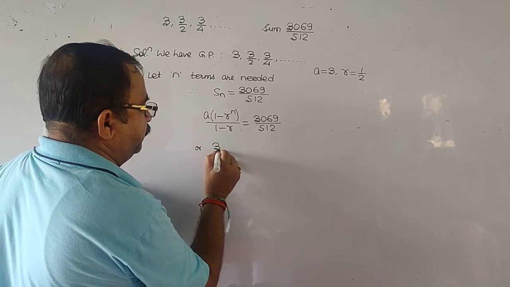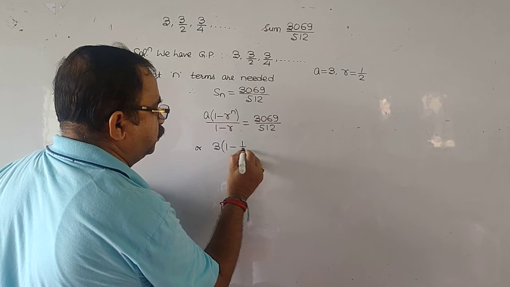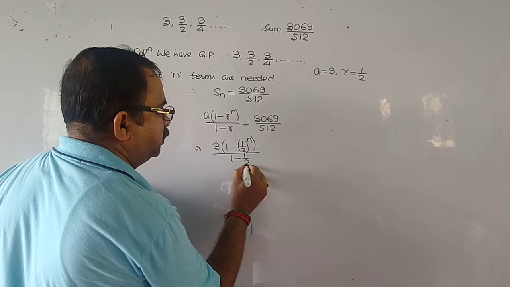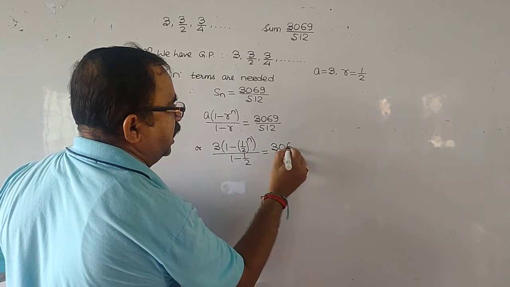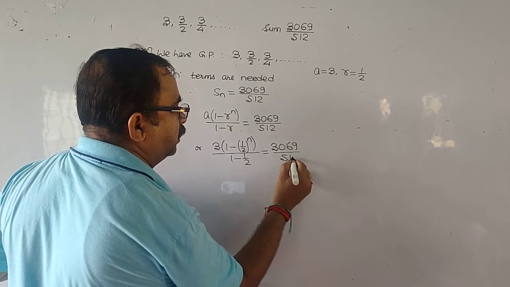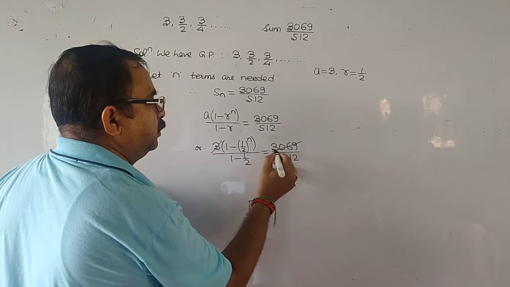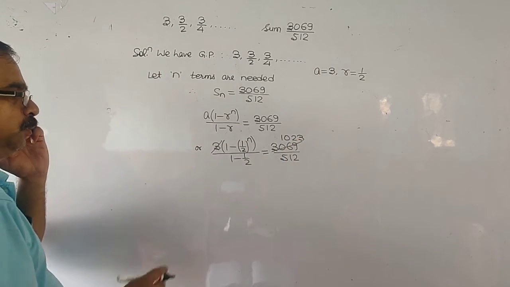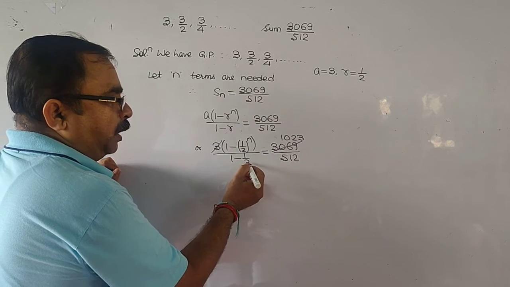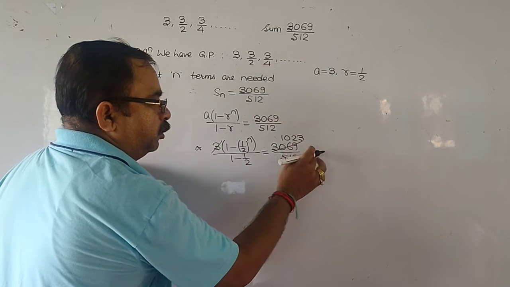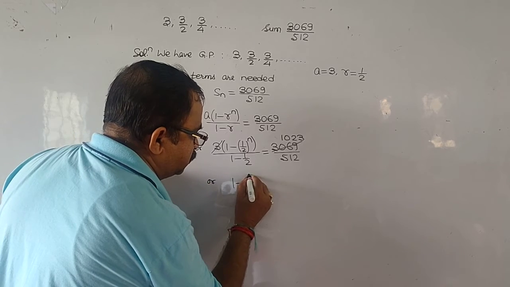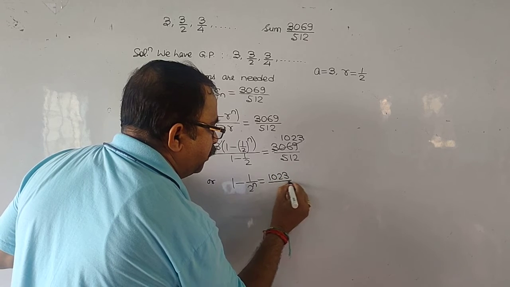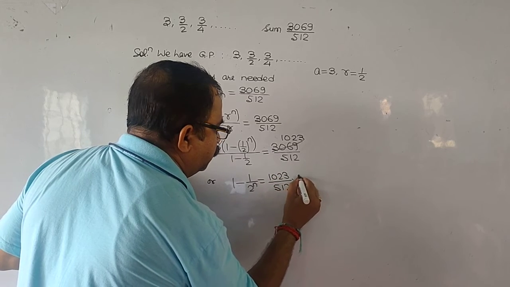Substitute the values: 3 times 1 minus half to the power n whole upon 1 minus half equals 3069 upon 512. 1023. This will be 1 by 2. So 1 minus 1 upon 2 to the power n is 1023 upon 512 into 1 by 2.